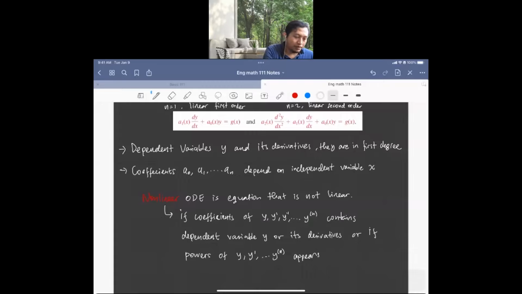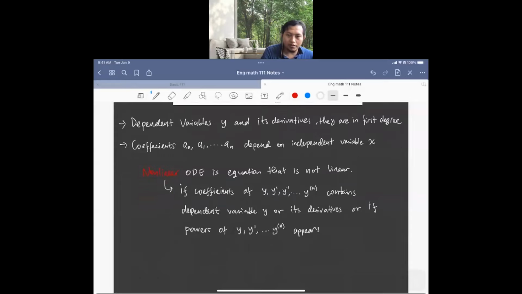Maybe it's a square or cube. For example, if you see y prime squared like this, or maybe cubed, then it's not linear.